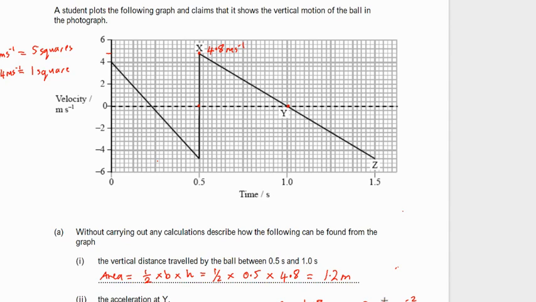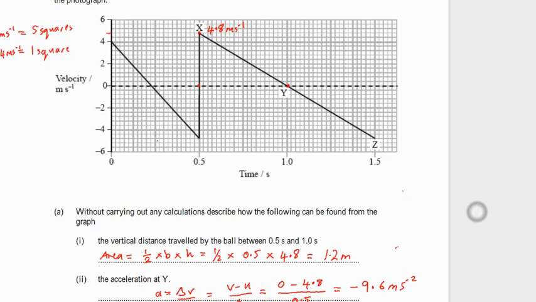And it is the area underneath the graph. So I did write that down. The area underneath the graph represents the vertical distance. So area under a velocity time graph represents the distance traveled. The acceleration at Y, that was not required, so I'll just rub that out, because it says without calculation.